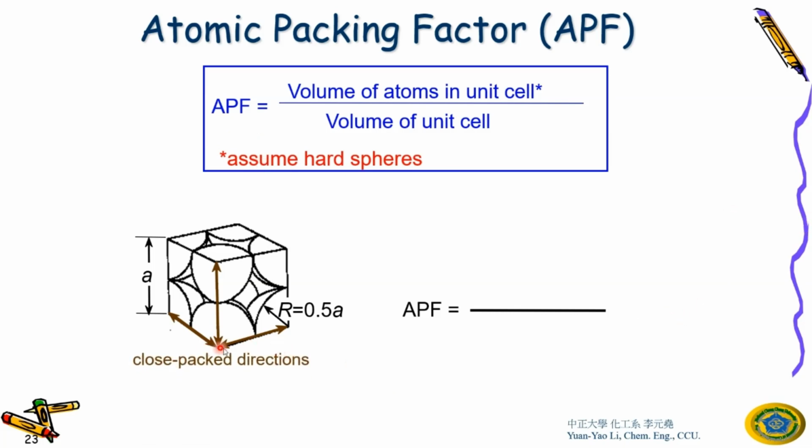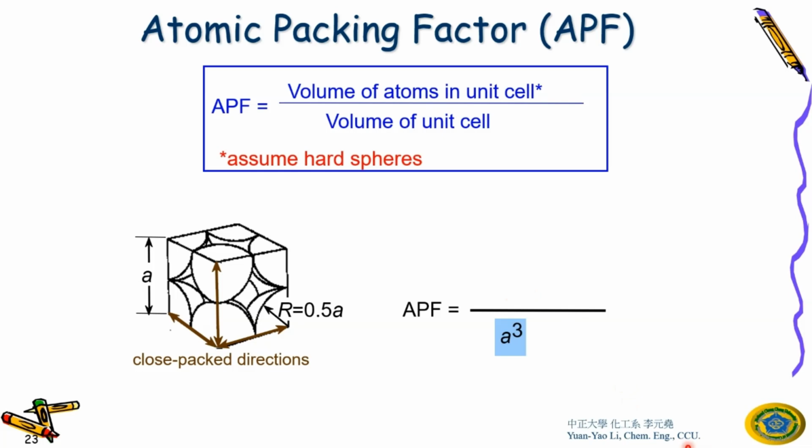Of course, you know this is the close pack direction. This is not, okay? This is the close pack direction. So what's the APF? For the unit cell, the volume is A times A times A, A to the power 3.